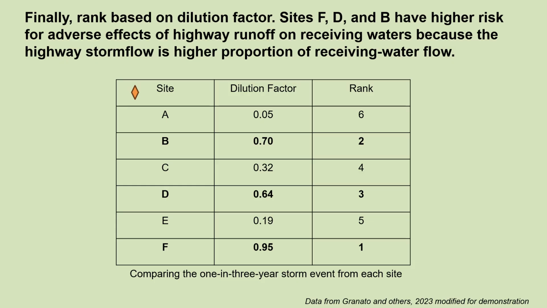So I've just designated these sites A through F, and if we look at the dilution factor associated with that 1 in 3 year storm event, we can then rank which one is greatest. Remember that a dilution factor close to 1 means that we're expecting a pretty large effect of the highway runoff on the receiving water, because a very large proportion of the downstream flow is actually the highway runoff.